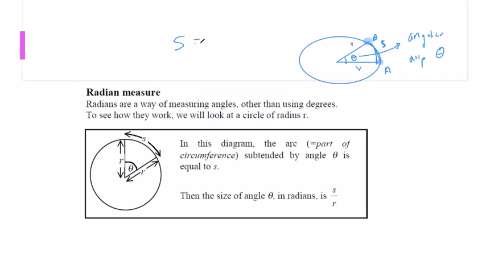The formula which relates arc length and radius with angular displacement is S equals R theta, where S is the arc length, the movement on a circular path, R is the radius of the circular path, and theta, you will always get in radians. In this formula, theta is not in degrees, theta is in radians.